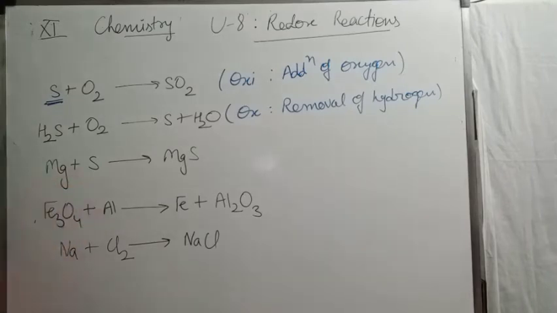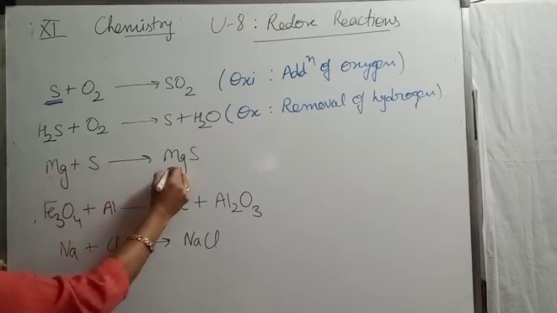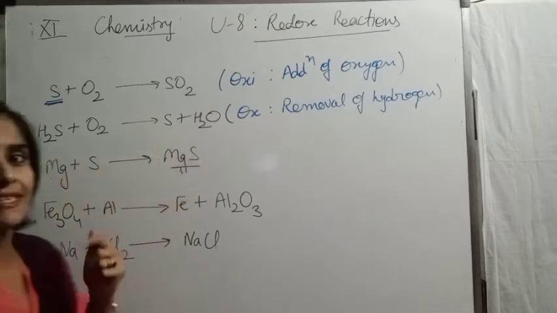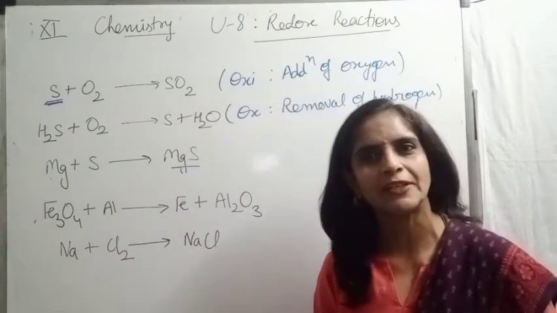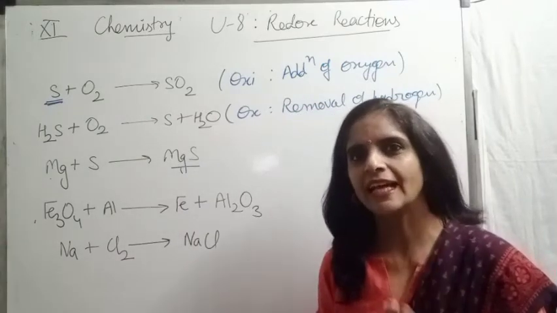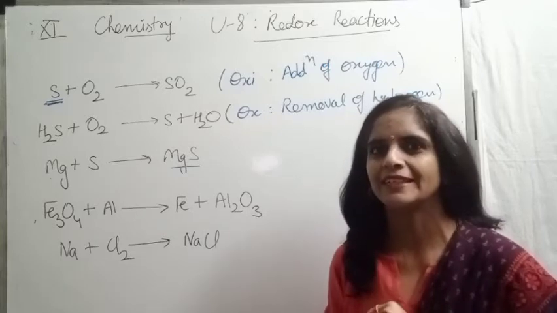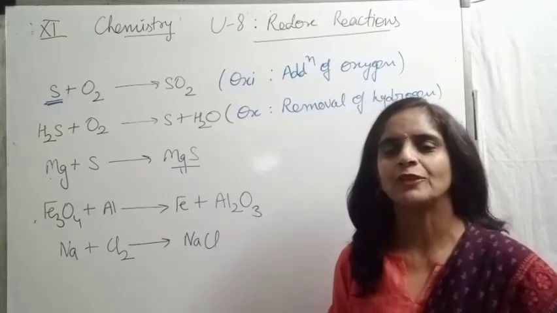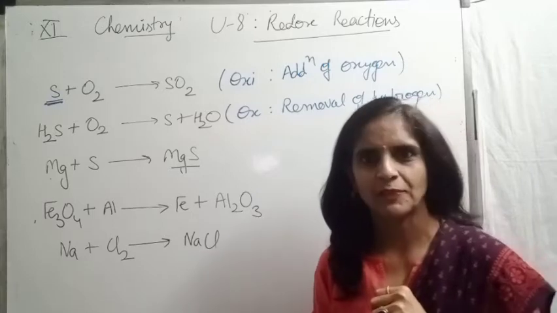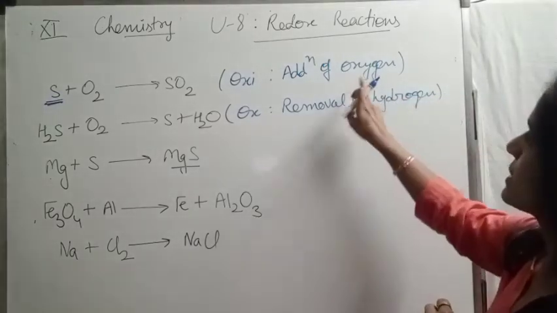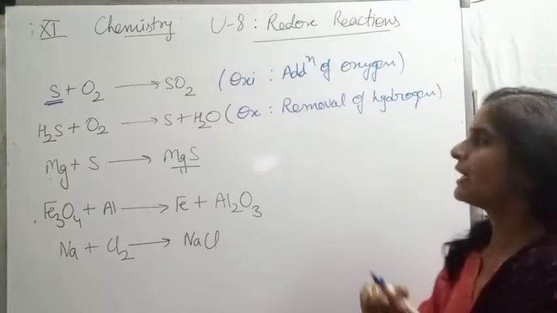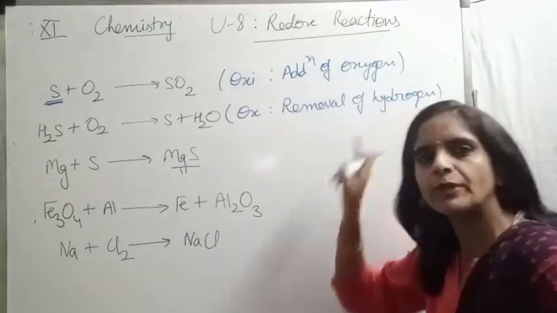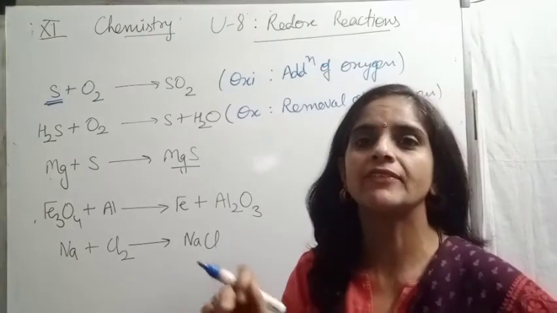Just examine the next reaction. Magnesium is converted into MgS. In this reaction, both oxygen and hydrogen are not present. So children, if oxygen and hydrogen are not there, then how do we define oxidation or reduction? Then in place of oxygen, we use the term electronegative element, and in place of hydrogen, we use the term electropositive element.